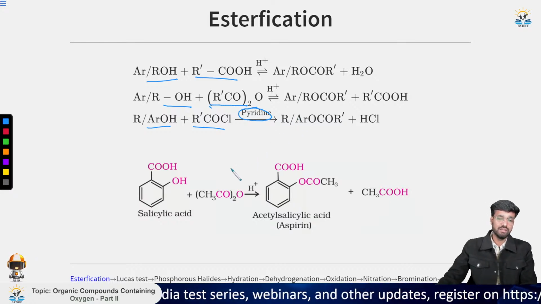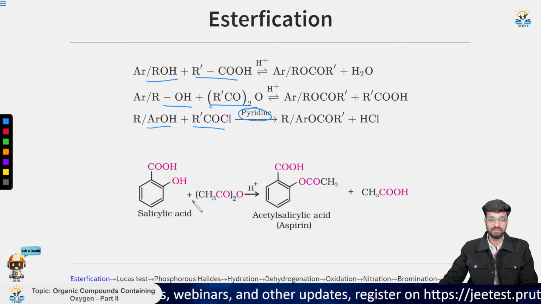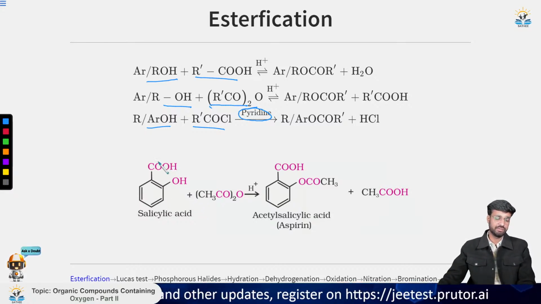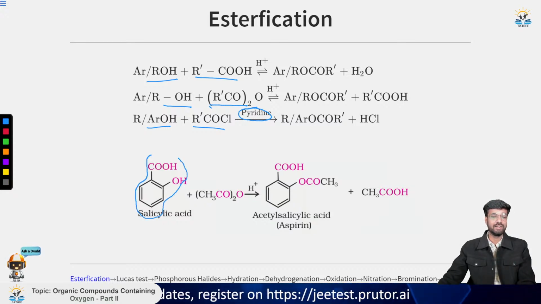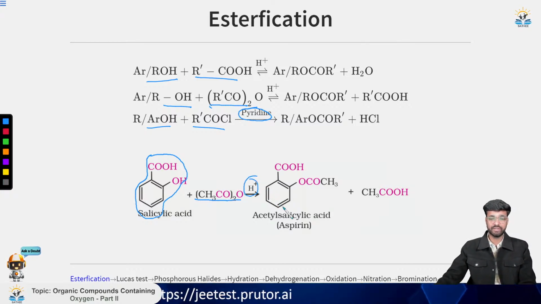Now let us see an application of this reaction. We take salicylic acid, which is a common name for this compound, and we do the same esterification. We take acetic anhydride in the presence of an acid, and the ester that is formed is a derivative of benzoic acid.